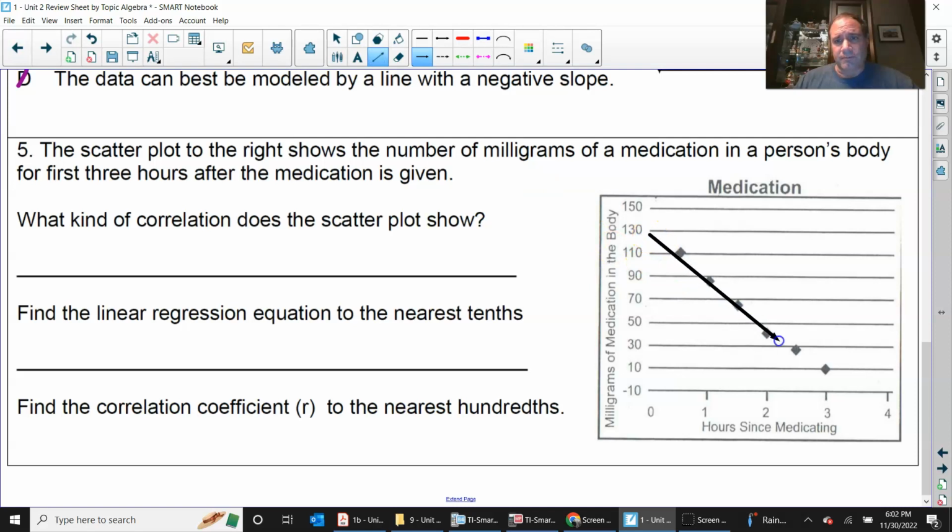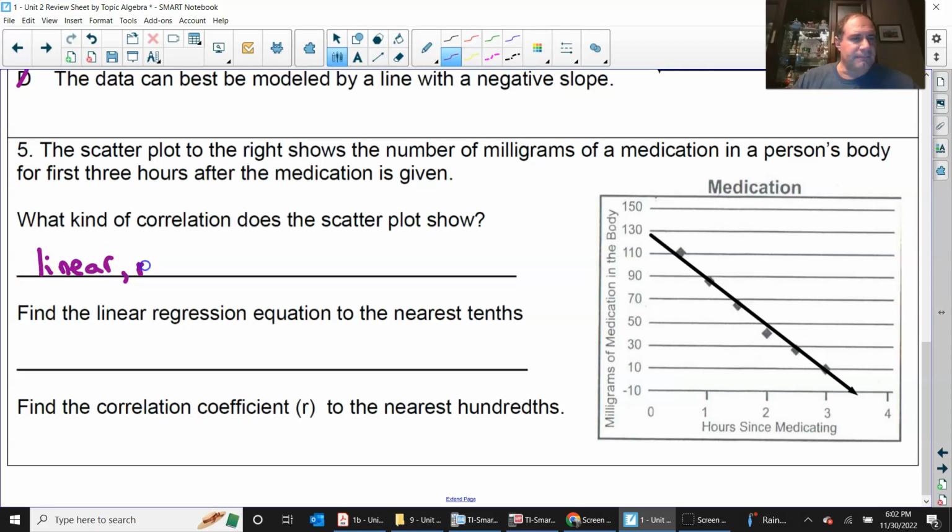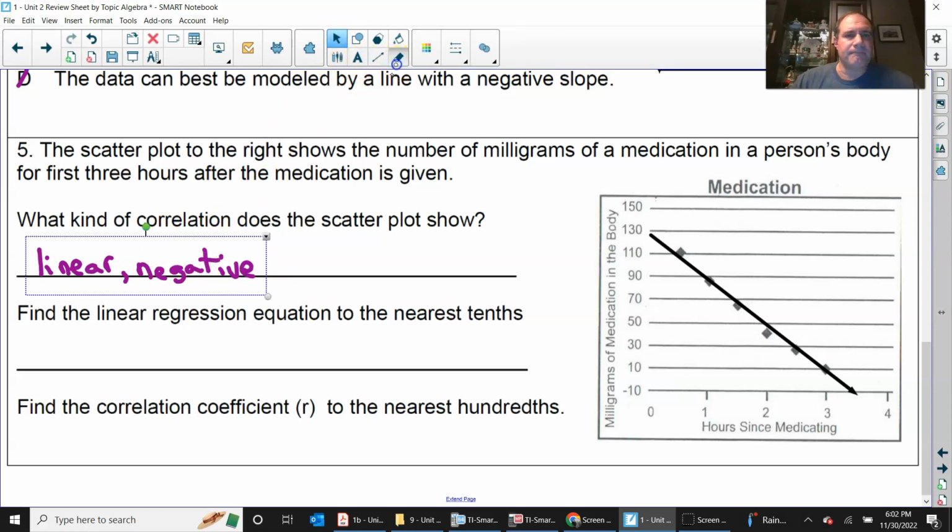I am just going to draw my trend line, just like that. And obviously that shows a linear, negative association.